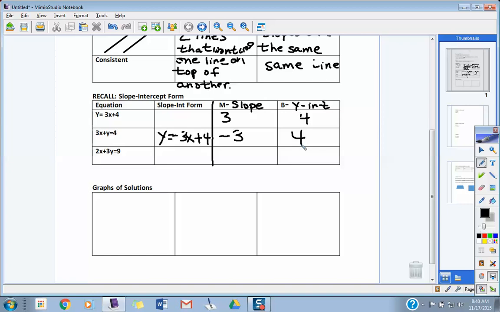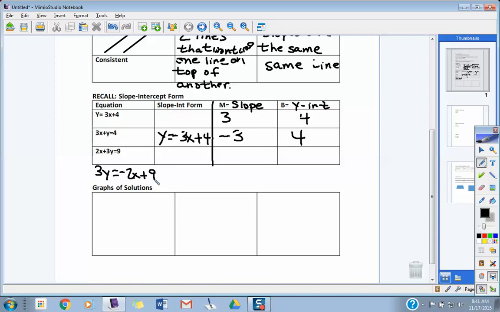Third equation right down there. Slope-intercept form or not slope-intercept form? Not. Got to get y alone. So the first thing we need to move out is an x. So I'm going to do some work down here. You guys agree 3y would equal negative 2x plus 9 when I do that? Whoops, I'm ahead of myself. If I move the 2x to the right side, wouldn't it be negative on the right here?